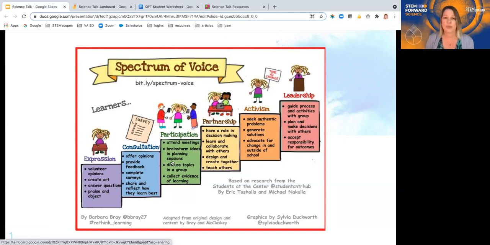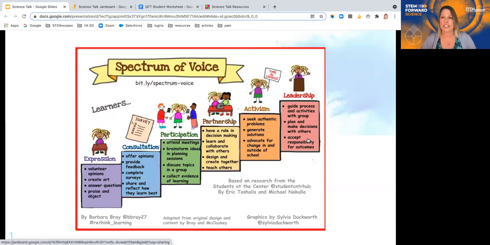As we ascend up through the blocks, students take more and more ownership in each activity to the point where they are the leaders of their own learning. They are guiding the processes and activities within groups, and they are also being held accountable for and ultimately responsible for the outcomes of their learning.